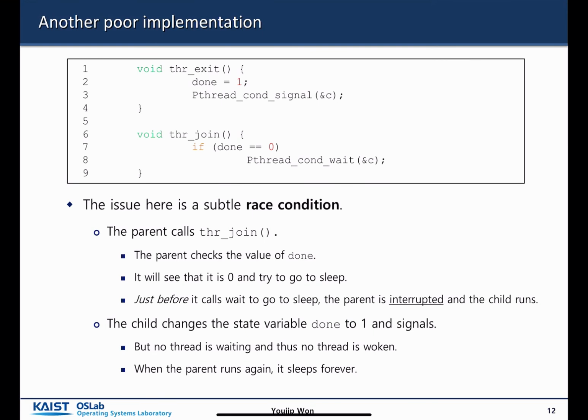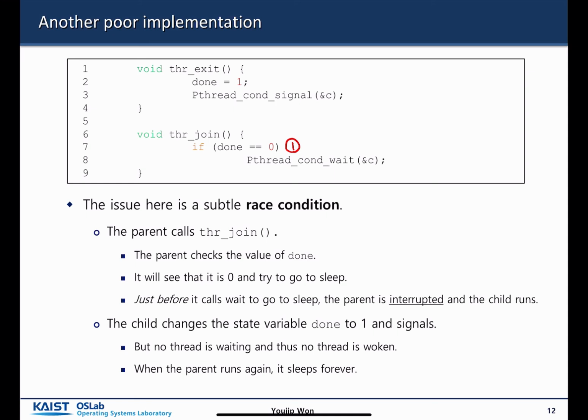This code is subject to a race condition and thus incomplete. Let's consider the following scenario. The parent has called thread join. So it checks if done is 0. And it finds that done is 0, so it is going to sleep. But somehow the parent process is interrupted.